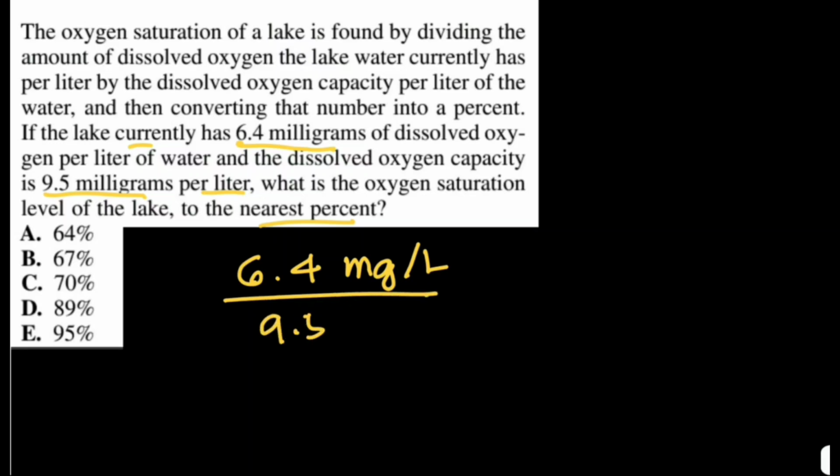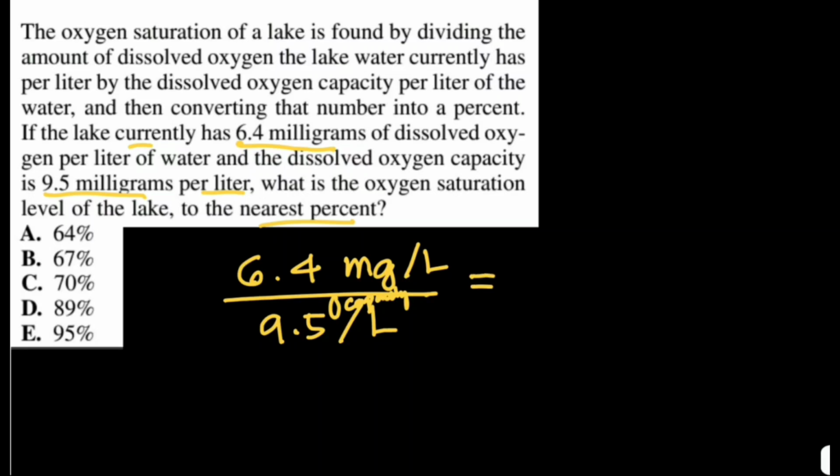So we're given here the lake currently has 6.4 milligrams of dissolved oxygen per liter of water, and then we divide that by the oxygen capacity per liter. So that is 9.5 per liter. Well, this is oxygen capacity per liter.